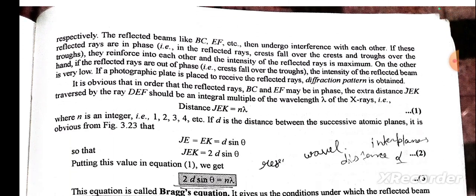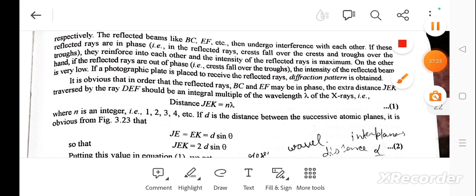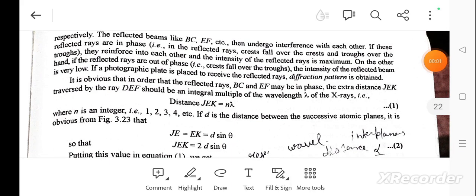The reflected beams BC and EF undergo interference with each other. If the reflected rays are in phase, they reinforce each other and the intensity of the reflected ray is maximum. On the other hand, if the reflected rays are out of phase, the intensity of the reflected beam is very low.